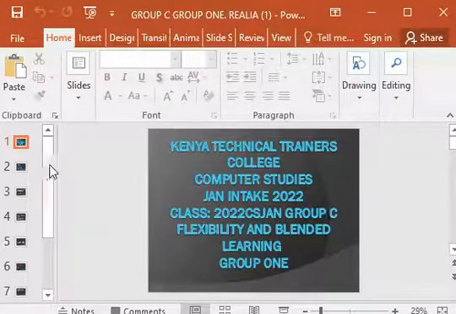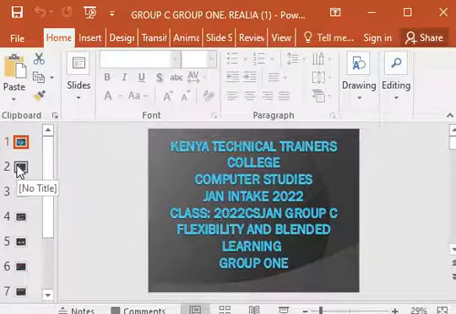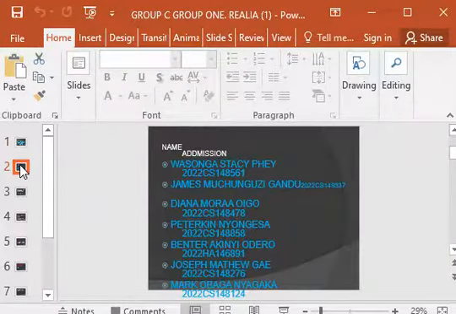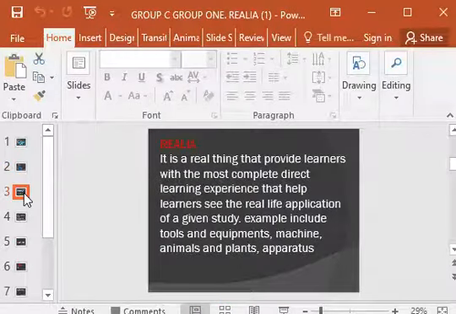Today I'm going to share with you one of the learning tools in class, and that is the use of Realia in teaching or training. I'll first introduce this by giving you a definition of what a Realia is.